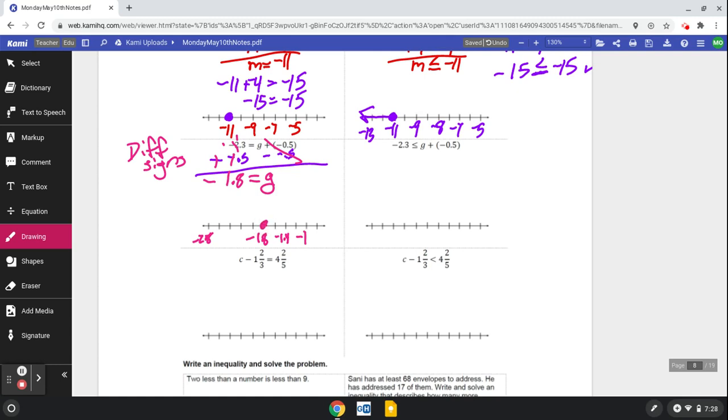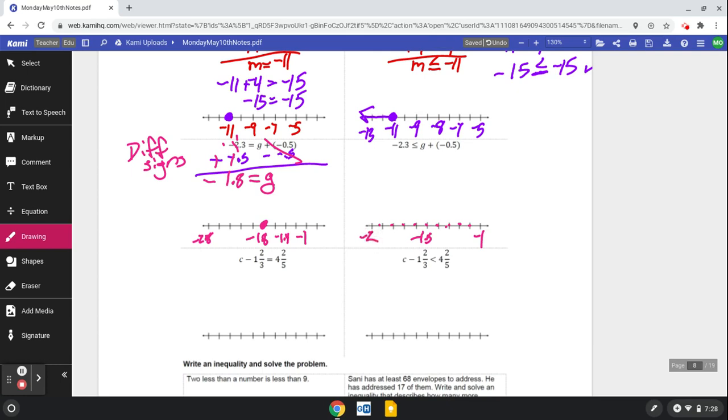I kind of skipped by 2/10. Okay, or if we have enough, 1, 2, 3, 4, 5, 6, 7, 8, 9, 10. Perfect. So this is negative 1. That's 0.1, 0.2, 0.3, 0.4, 0.5, 0.6, 0.7, 0.8, 0.9, and negative 2.